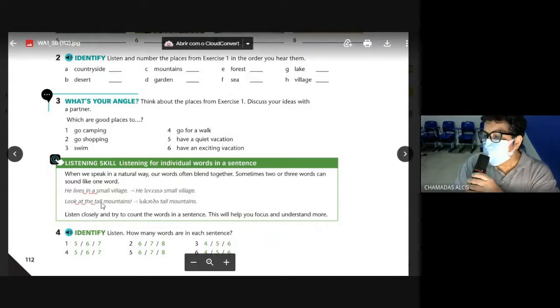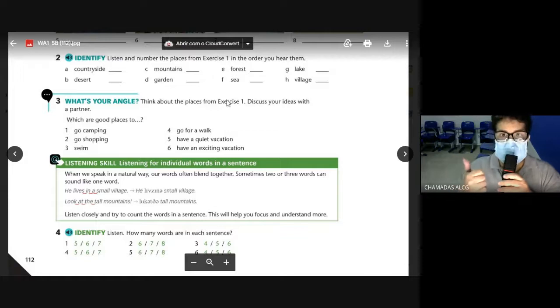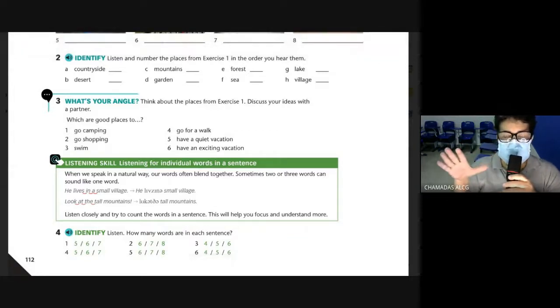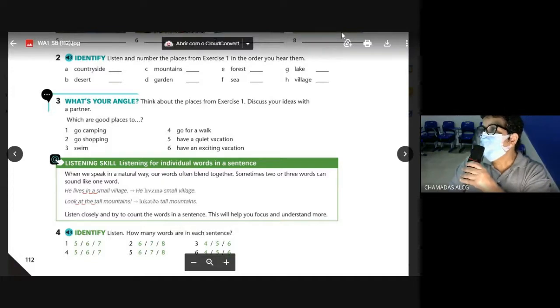Some sentences using vocabulary from exercise number 1. Mountains, village, forest, sea. Okay? Now, is it okay for you? Do you remember that?